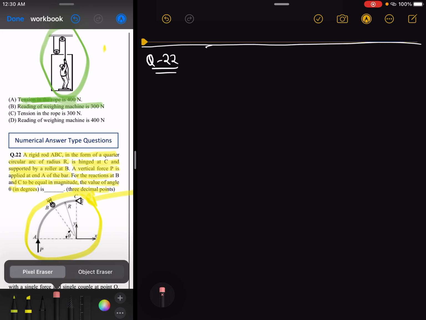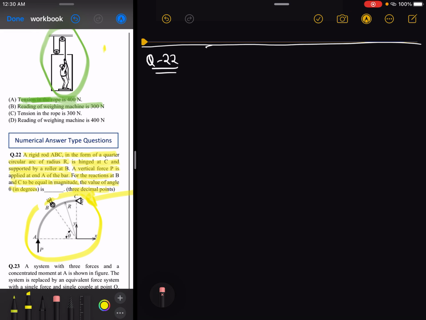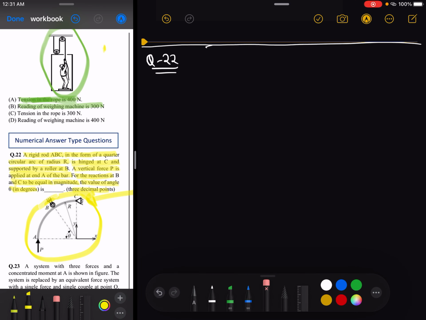In the question it is hinged at C. So C is the hinged support and B is the roller support. A load is applied at point A, and it is asking the value of theta such that the reactions at B and C are equal in magnitude. So how to deal with this question? We are going to start this question right now in front of you guys.